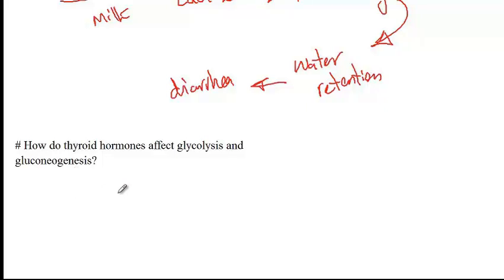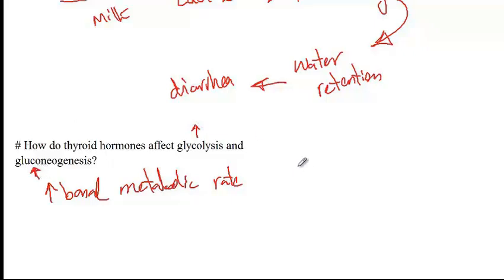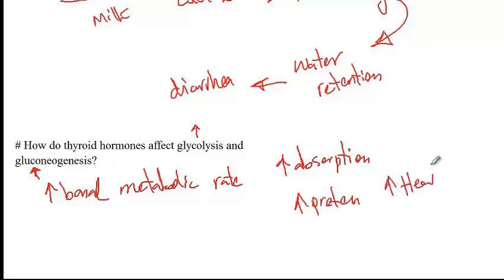So thyroid hormones are basically increasing the basal metabolic rate, as a consequence of which they would increase the rate of glycolysis, they would increase the rate of gluconeogenesis, they would increase absorption of glucose in the intestine, increase protein synthesis, increase heart rate, cardiac output, and so therefore increase blood flow to different tissues.